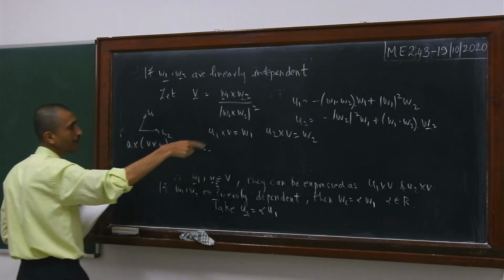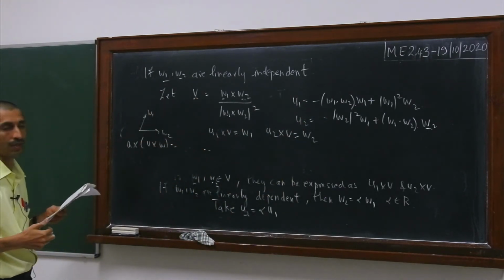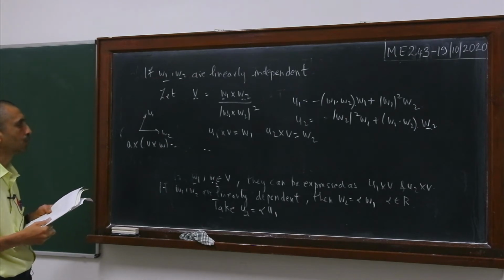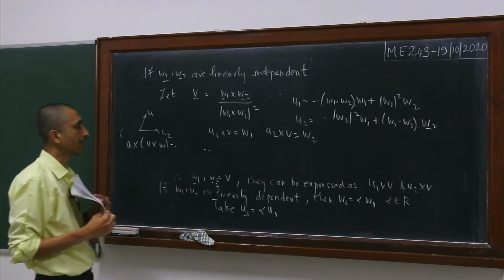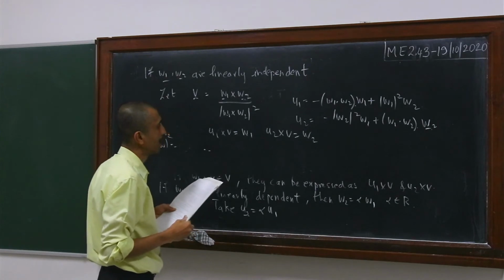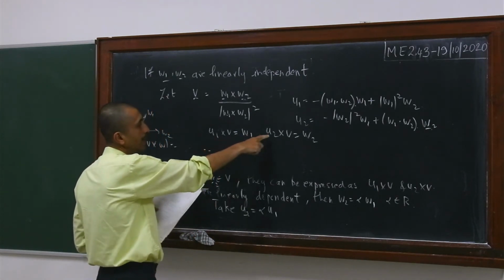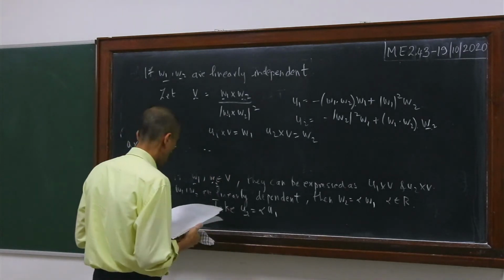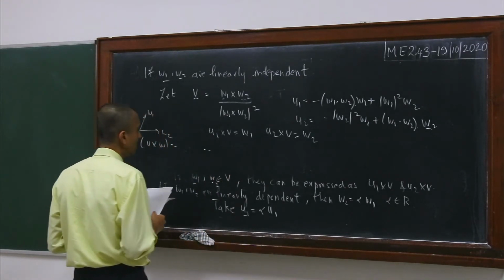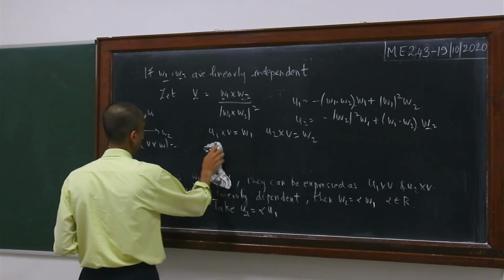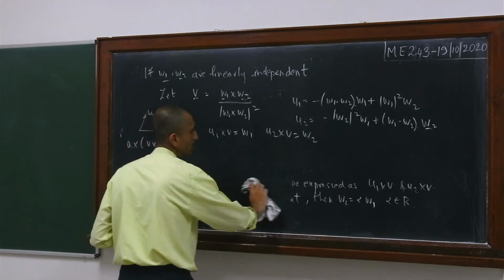And if you simplify things, you will get back this one. So finally, what we have shown is that given any arbitrary vectors W1 and W2, you can always express them as U1 cross V and U2 cross V. So now we are in a position to show the linearity of the transformation for cofactor of T. Okay, let us do that.